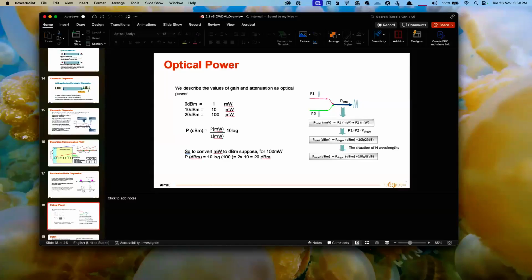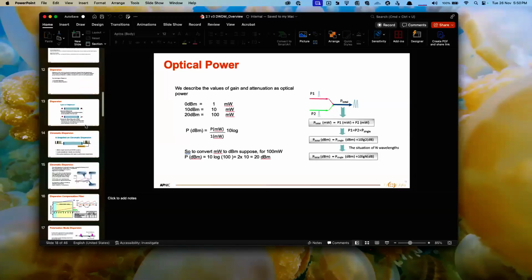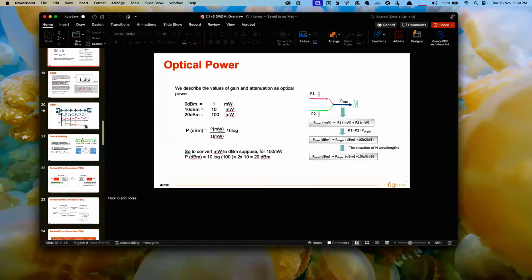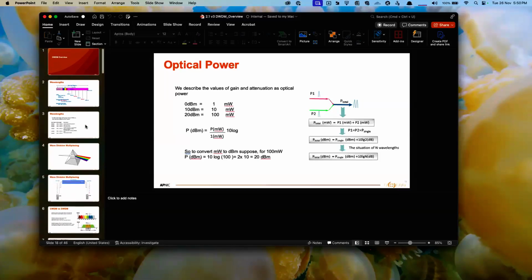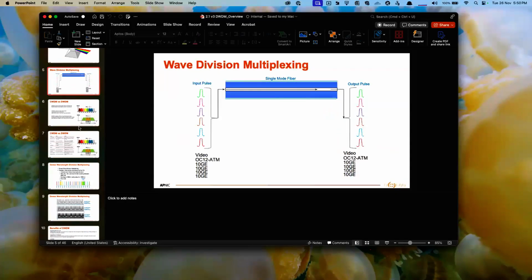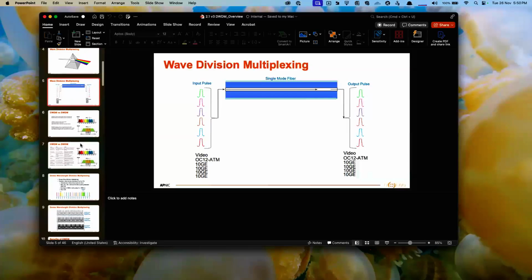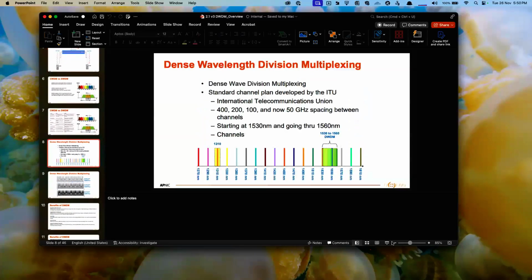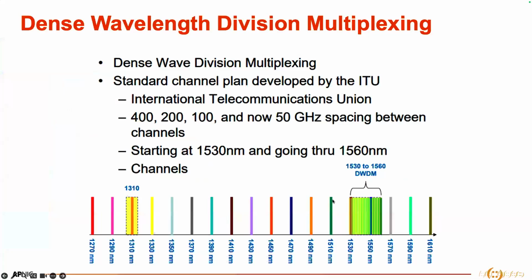What is the relation between gigahertz spacing and channel? So the channels are wavelengths we are talking about. So as you can see, these are the wavelengths.